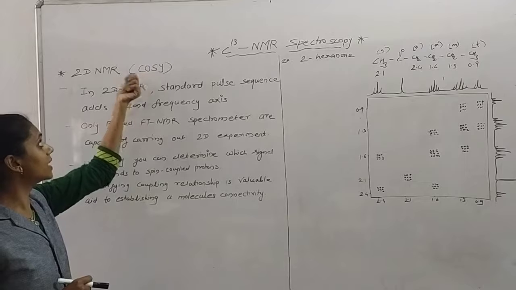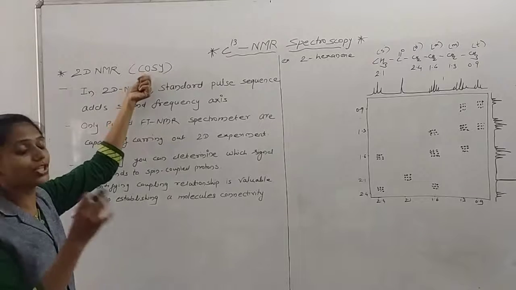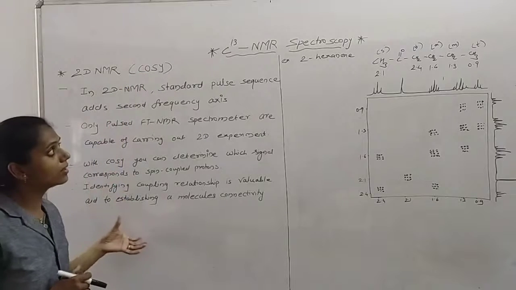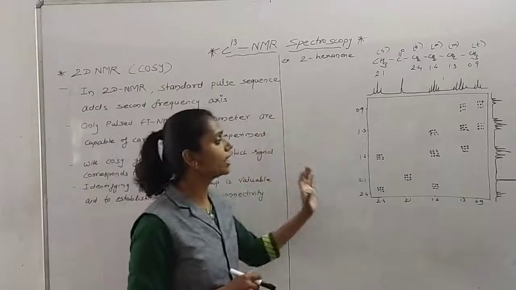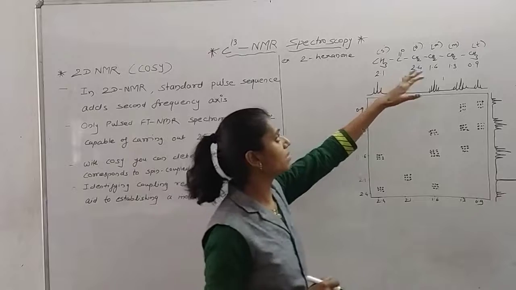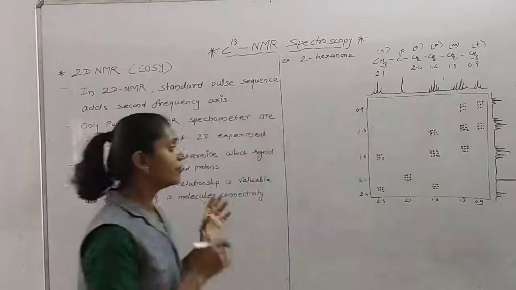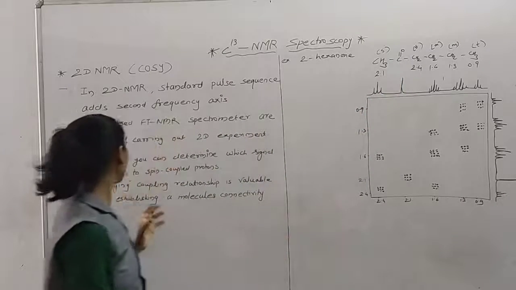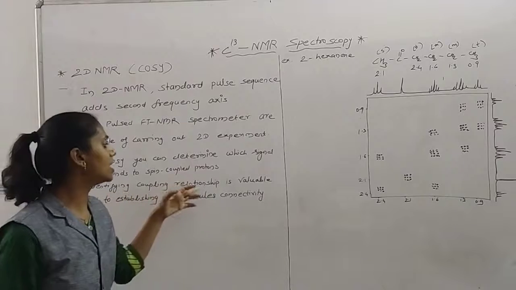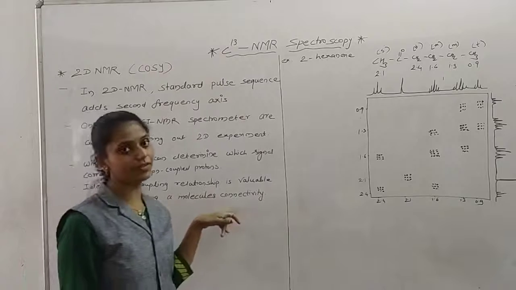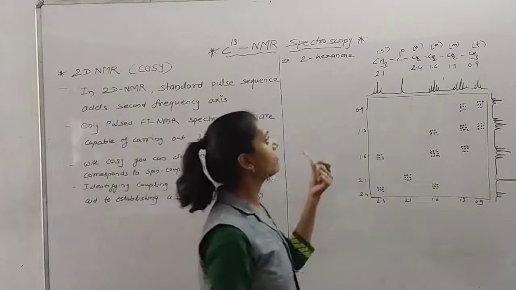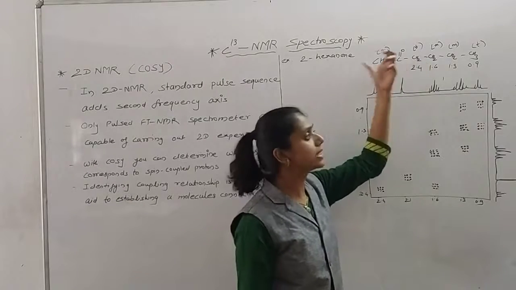This spectroscopy shows the correlation or relation between adjacent carbon atoms with the help of two axes. Identifying the coupling relationship is a valuable aid to establishing a molecule's connectivity. So due to this, we can find out the connectivity of these carbon atoms.